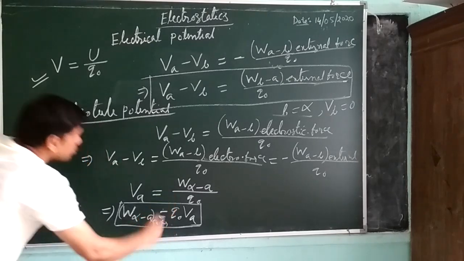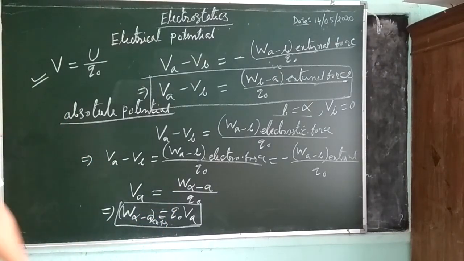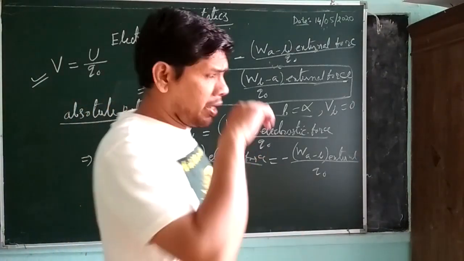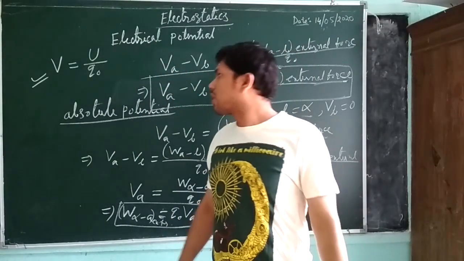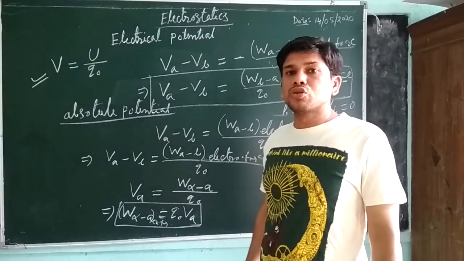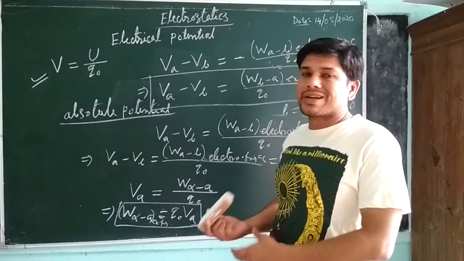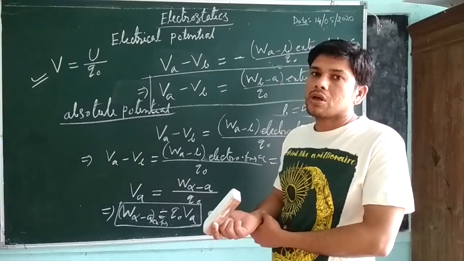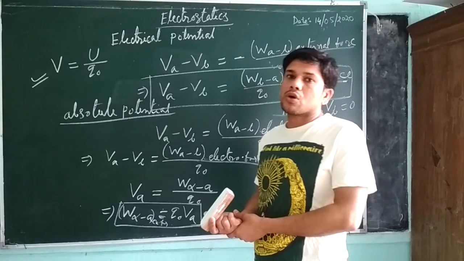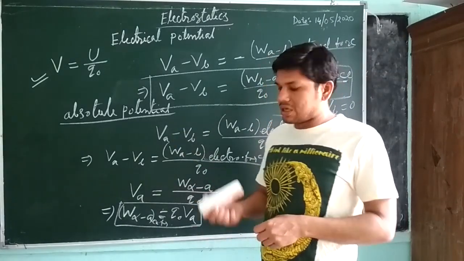So these are the few relations related to work done and potential difference. Just go through this, and these relations are very useful to solve numerical problems. We have to use these relations.